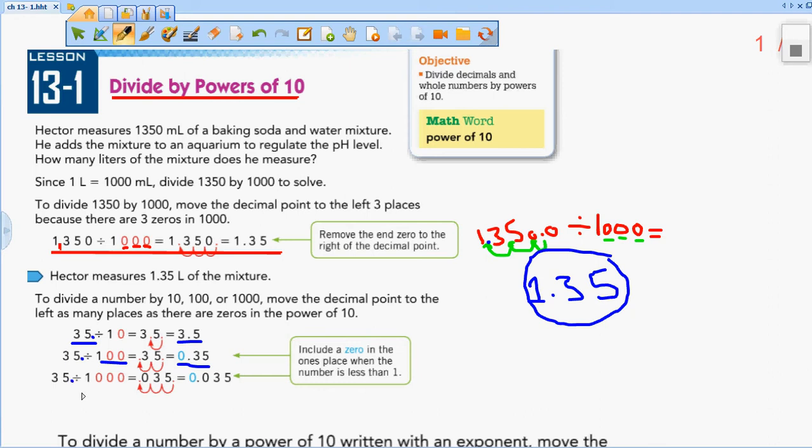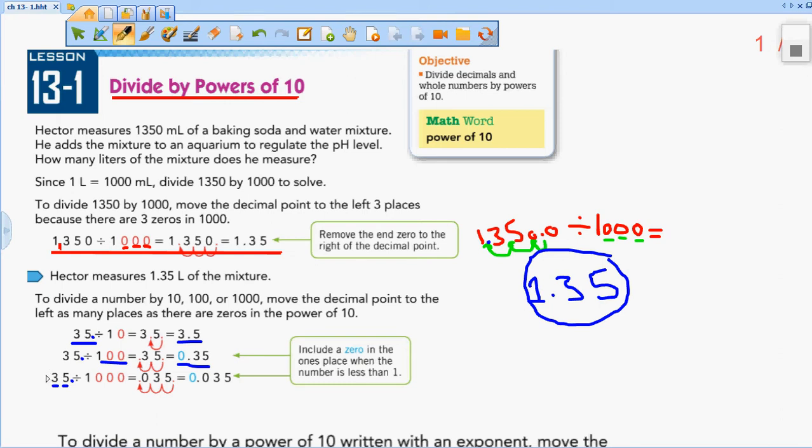We have to follow the same procedure, the same way. Then count the zeros or the powers of 10. Here we have 3 zeros in the powers of 10. So we have to move our decimal point to the left side 3 places. But look here, be careful. I have only 2 digits here.